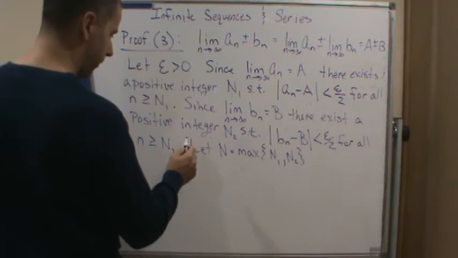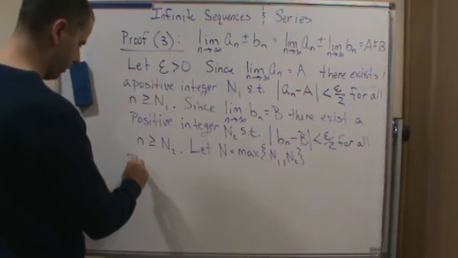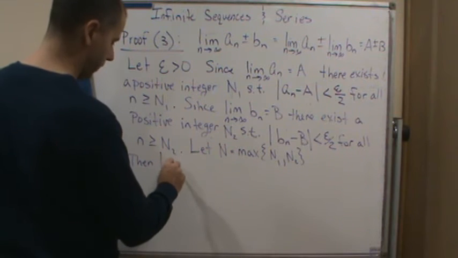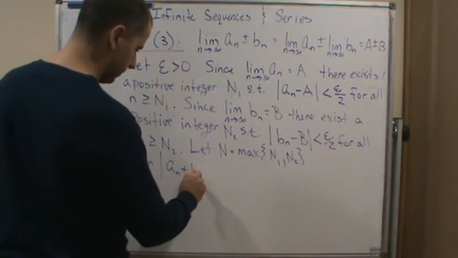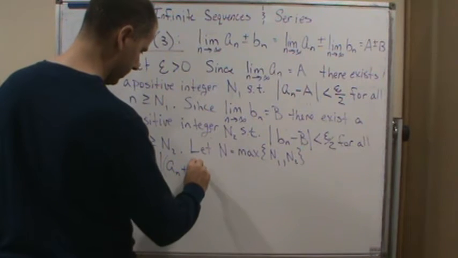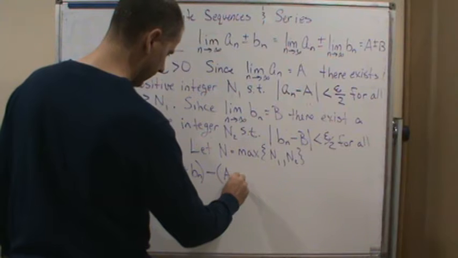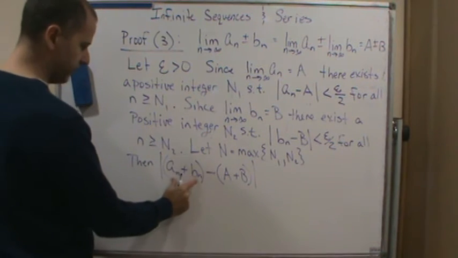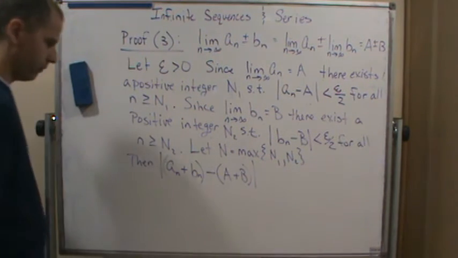Then the absolute value of a sub n plus b sub n minus a plus b. So the difference of this sum minus this sum.